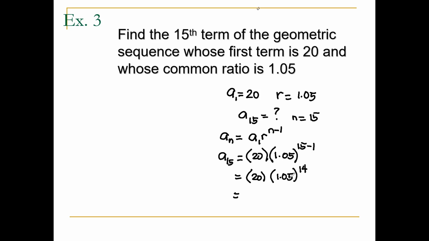Get first the 14th power of 1.05, then multiply it by 20. So the answer is 39.599. That is the 15th term.